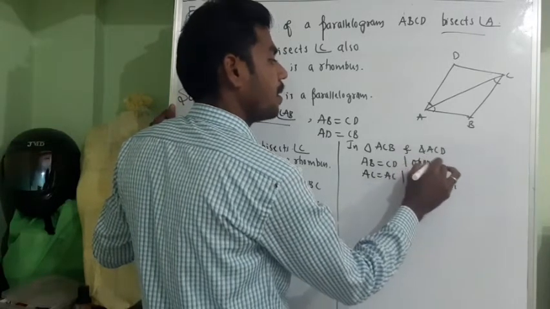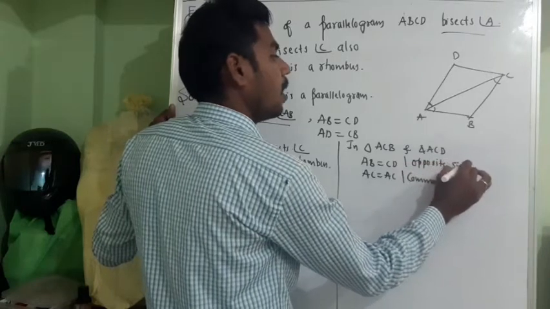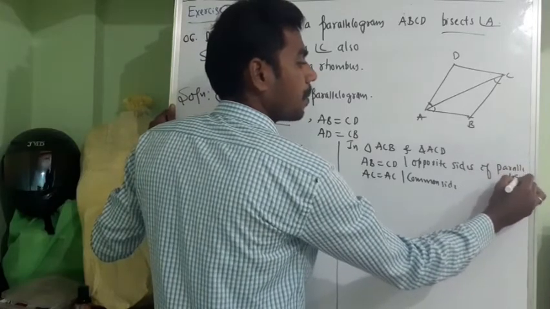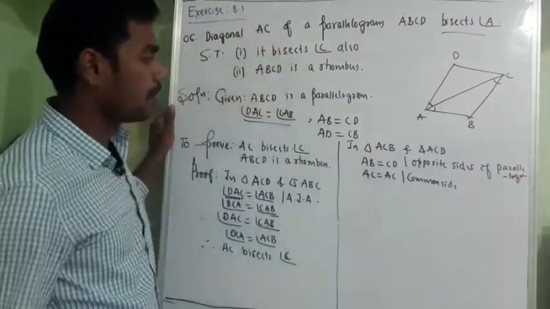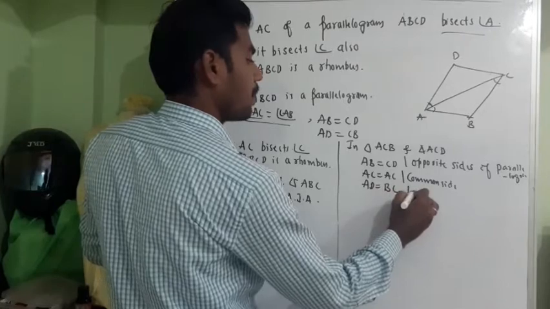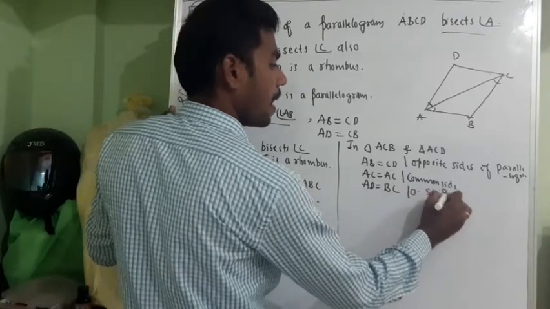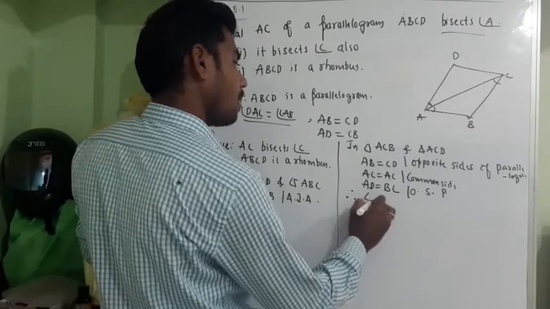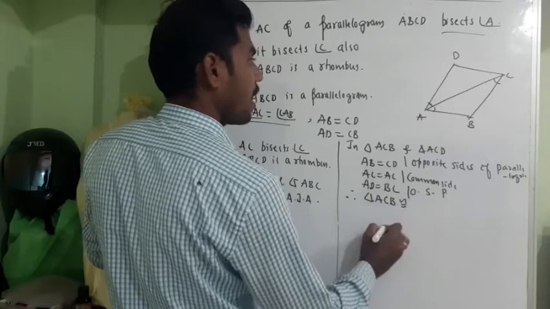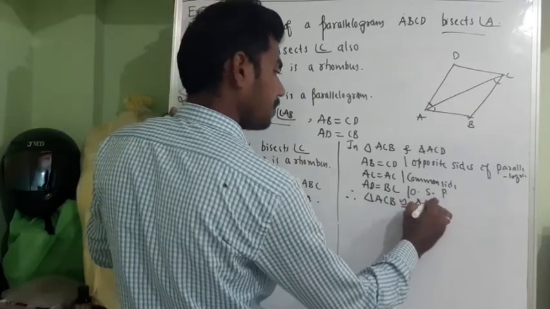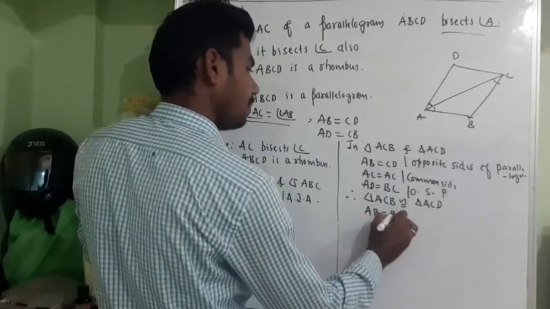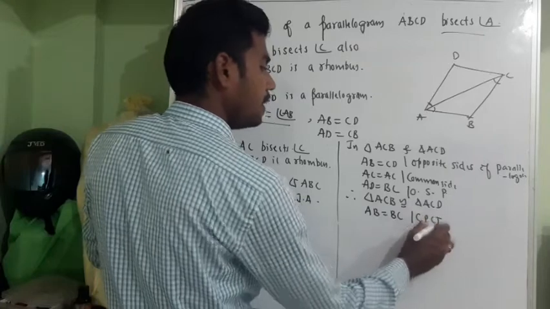Opposite sides of a parallelogram are equal. Then AD is equal to BC, same, opposite sides of a parallelogram. So therefore, triangle ACB is congruent to triangle ACD. Fine. Then what can I write? AB is equal to BC. This is because of CPCT.